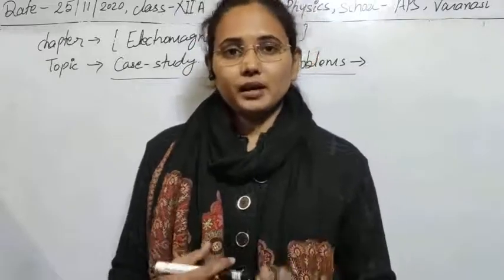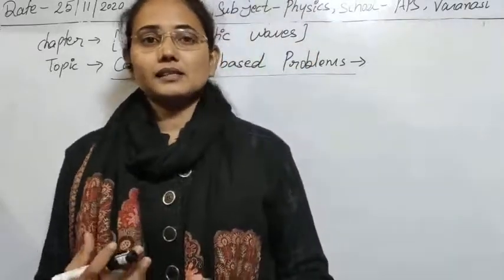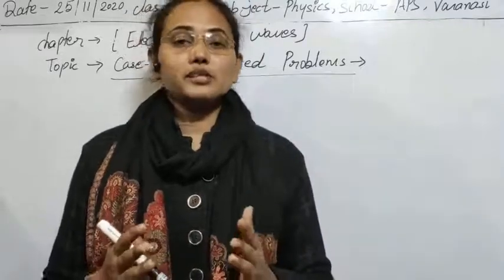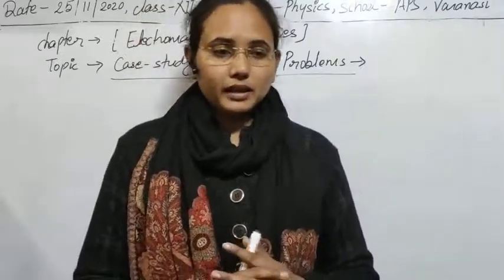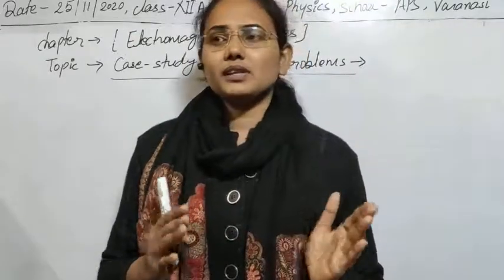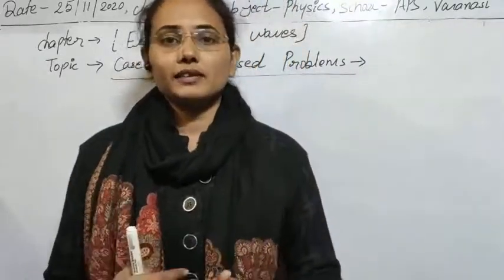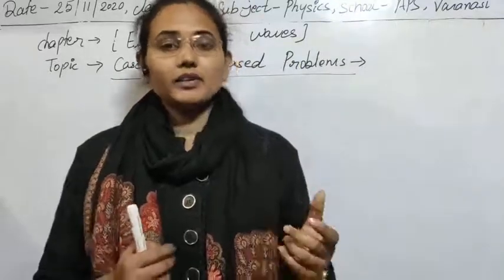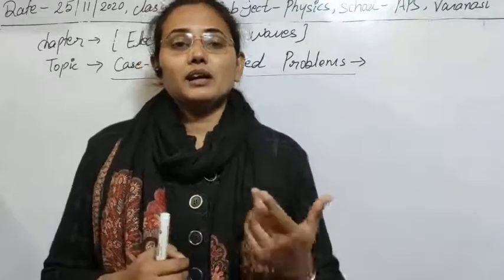Still, let's see its answer again. As I have told you, oscillating electric and magnetic fields produce an electromagnetic wave. Charged particles generate electric fields, and due to oscillation in the electric field, obviously a magnetic field will be generated.